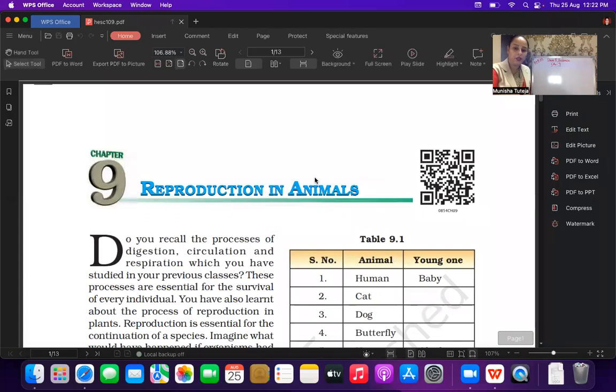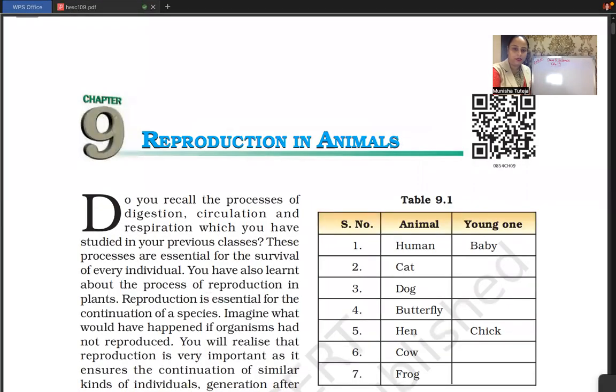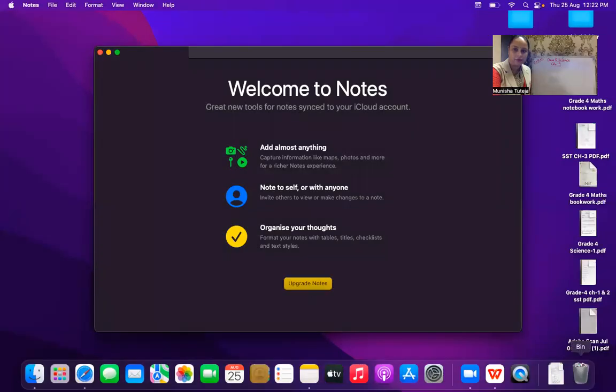Yes, I think you can all see your chapter here. Let me show it full screen for you. Okay, I'm so sorry. What happened here?